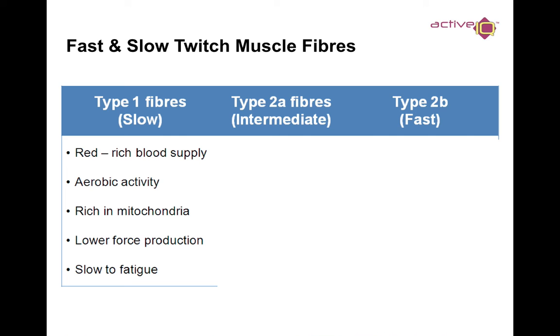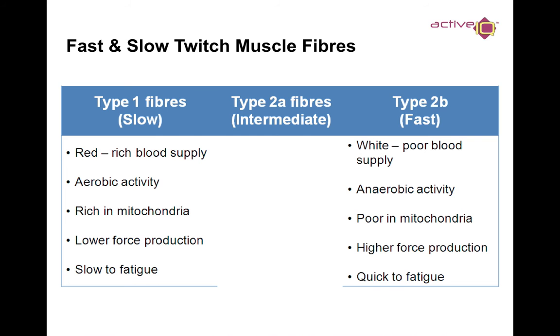Examples would be a marathon runner, long distance swimmer, triathlete, Tour de France cyclist. Those sort of athletes would predominantly want a high proportion of type 1 slow twitch fibers. Lower force is produced from them, so they're not an explosive muscle fiber, but they can go on and on and on, and they fatigue slowly. With those characteristics, you can see why they're so important to an endurance or aerobic athlete.